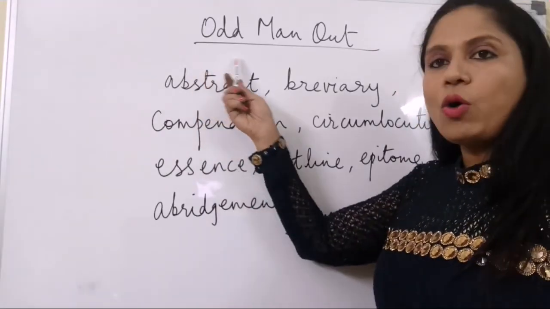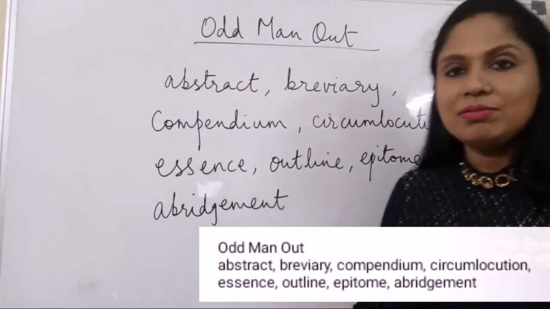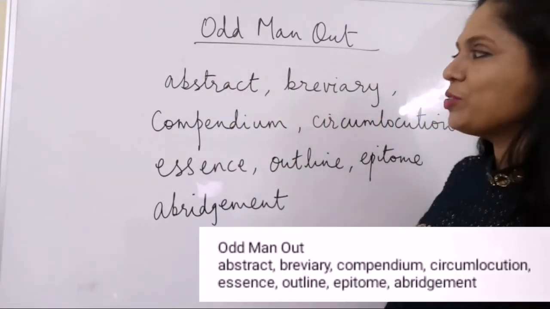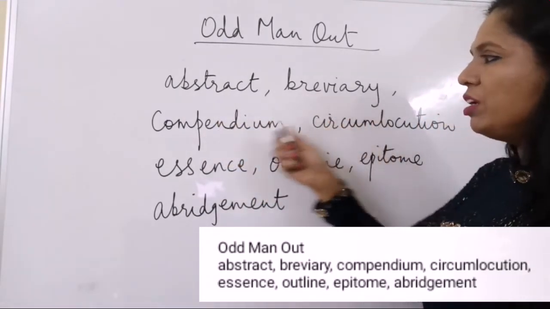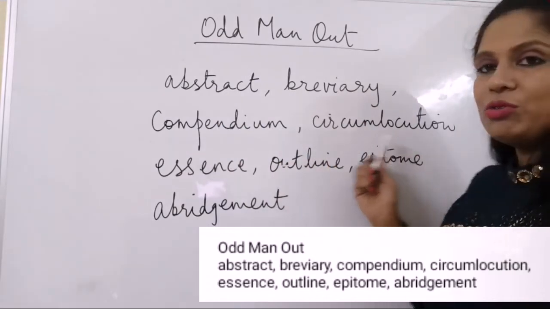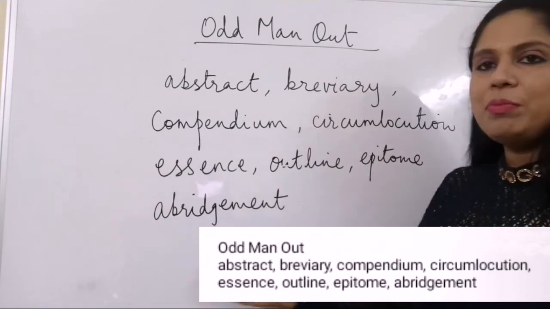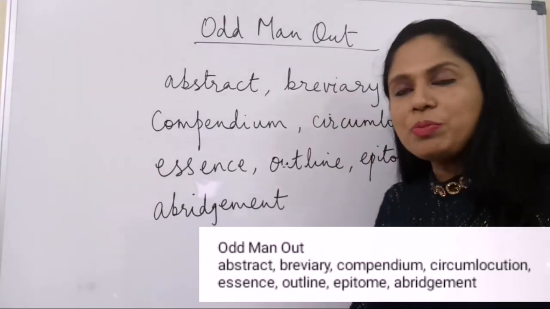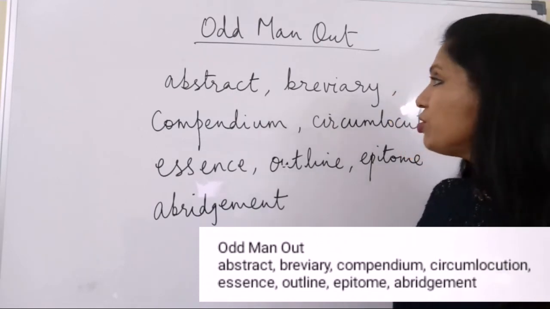Let's find the odd man out from all of these words. I've brought a number of words today. Abstract, breviary, compendium, circumlocution, essence, outline, epitome, abridgment. I'm going to pick up something which looks familiar.